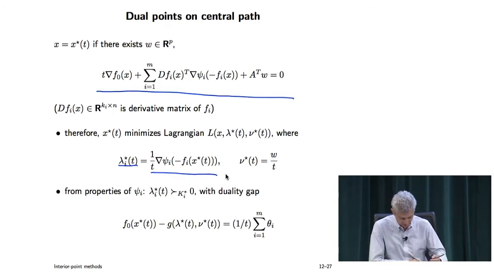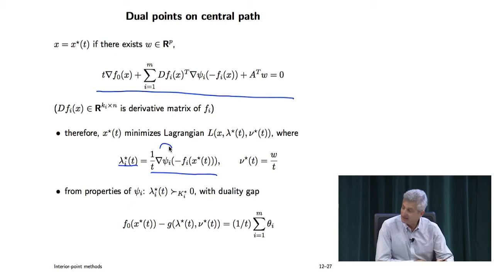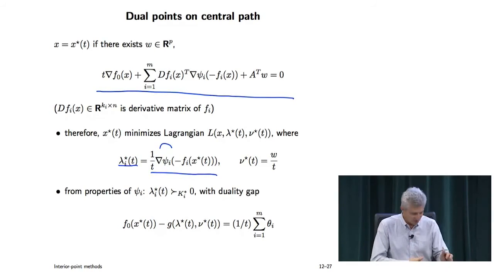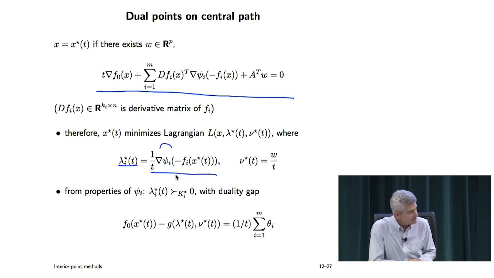But remember, we have the following property. The gradient of the generalized logarithm is dual positive. That's the same as saying for a log, its derivative is dual positive, but that's silly because the dual of R plus is R plus. So here we're using the fact that it's dual positive.